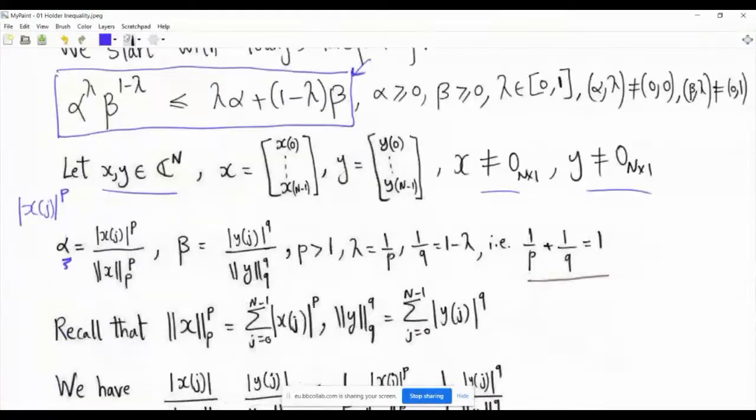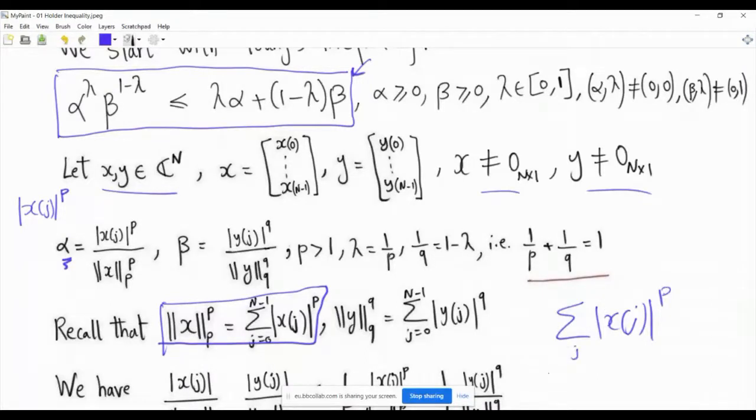Remember that this is the Lp norm of vector x raised to the power p, because for the vector norm, you take x_j, raise the magnitude of each component to the power p, then do a sum over the components of the vector, and for the norm you take the pth root.